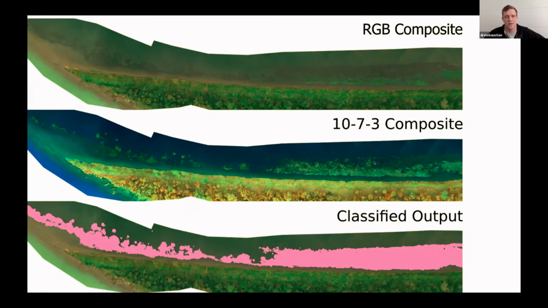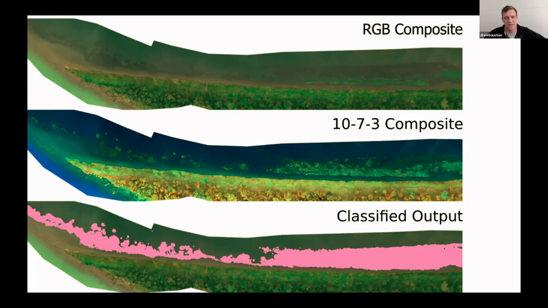Using a custom composite, sometimes you can get that aquatic weed to pop a little better and stand out a bit more, because in the RGB it's a little unclear on the fringes as to whether it's present or not. Then we look at the 10.7.3, where 10 is near infrared, 7 is red edge, and I think 3 is green.